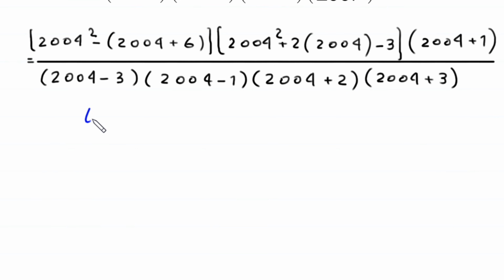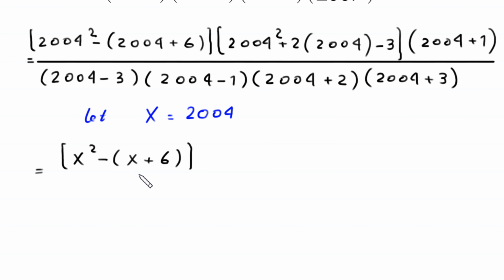Now we suppose that x is equal to 2004. So the expression will become x squared minus x plus 6, times x squared plus 2 times x minus 3, times x plus 1.